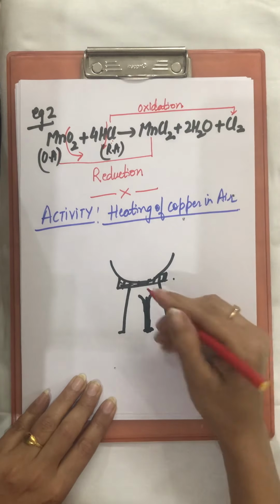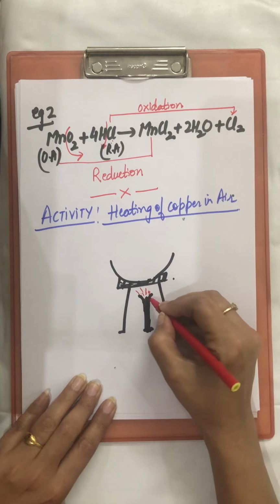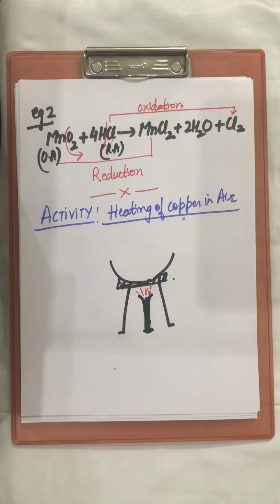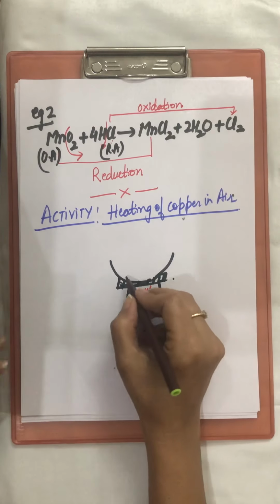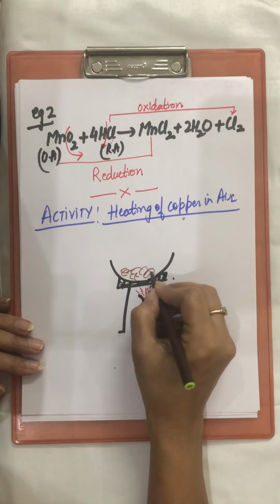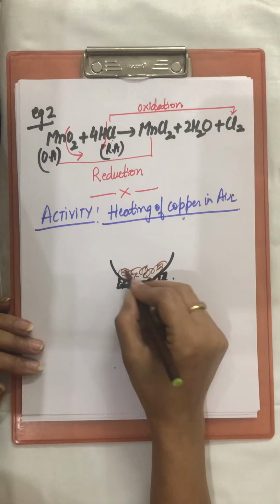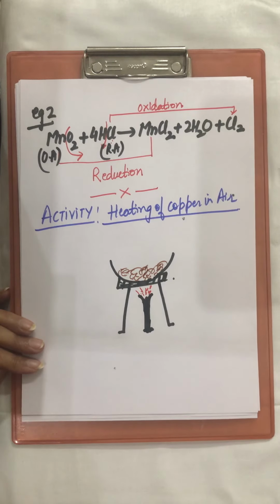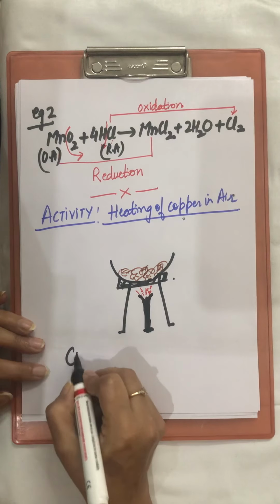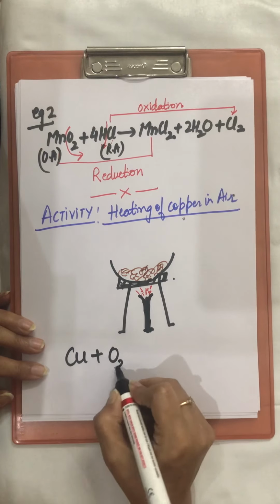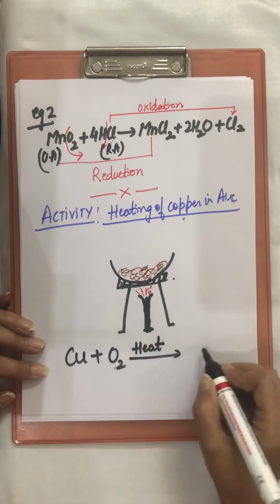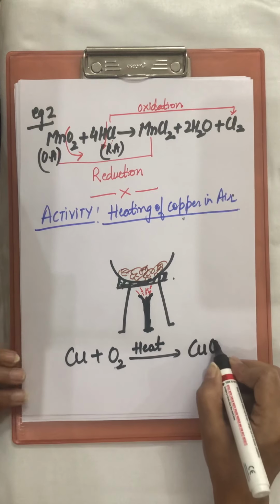So when we are heating it, copper is brown in color. Copper powder has a reddish brown color. So when we heat it, what will happen? Copper reacts with oxygen on heating. With air, it reacts and forms copper oxide.